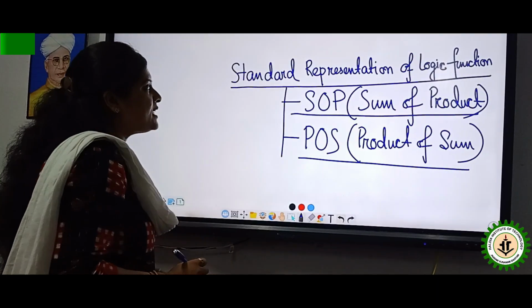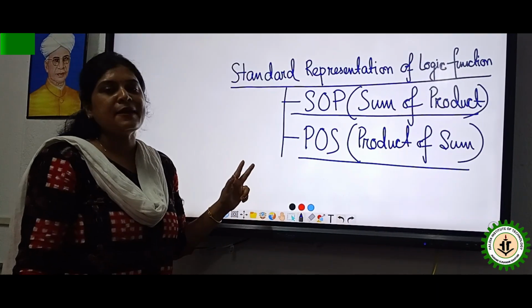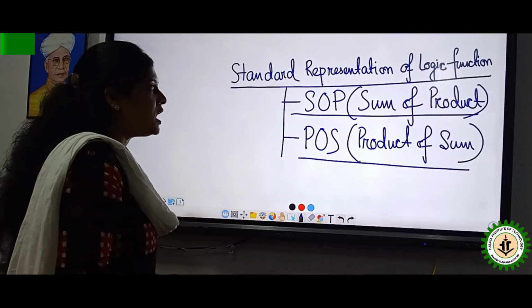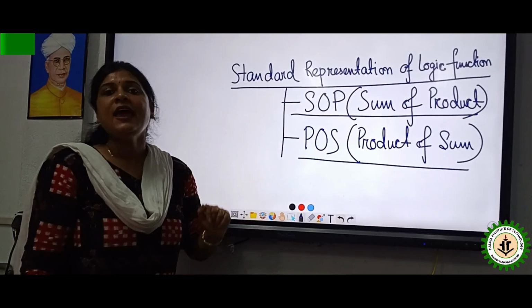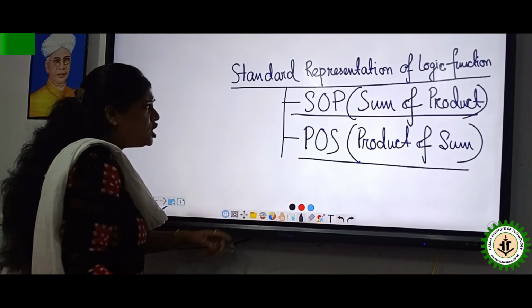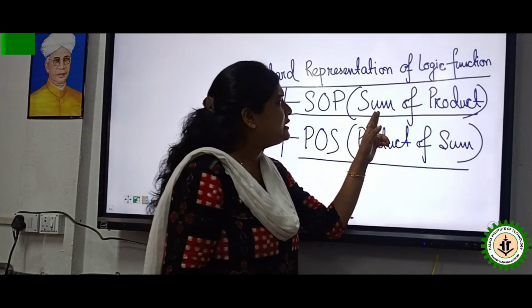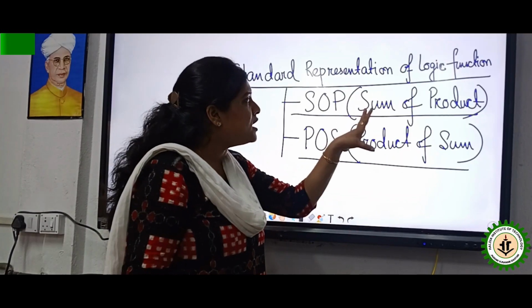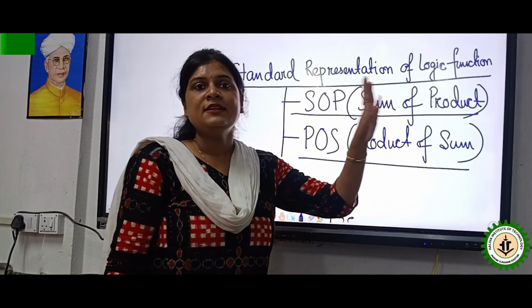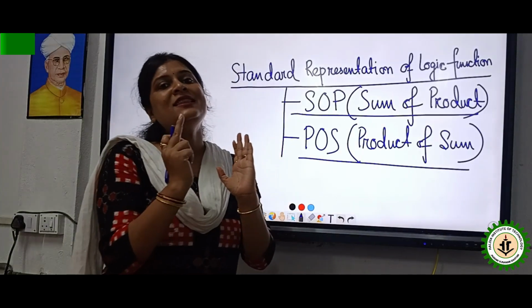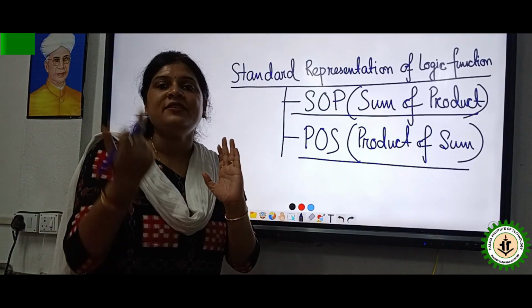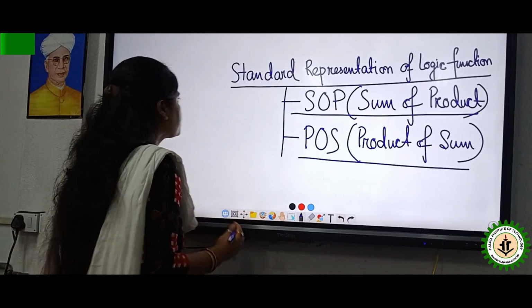Now we can see the standard representation of SOP, how we can represent any logical function in SOP form. By its name we can definitely understand that sum of product means there should be first AND operation, and with that AND operation there is OR operation.